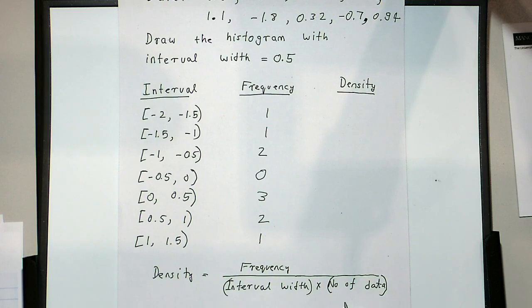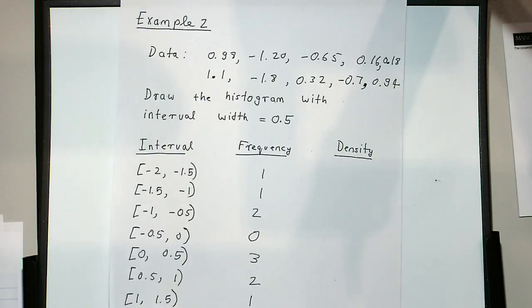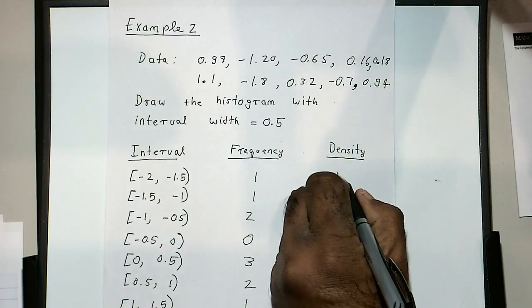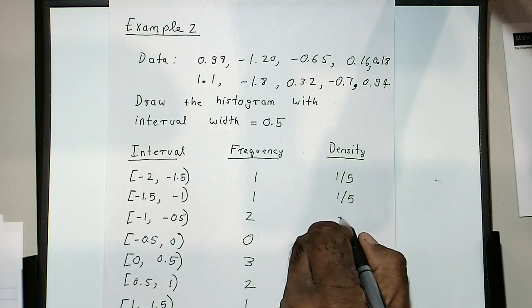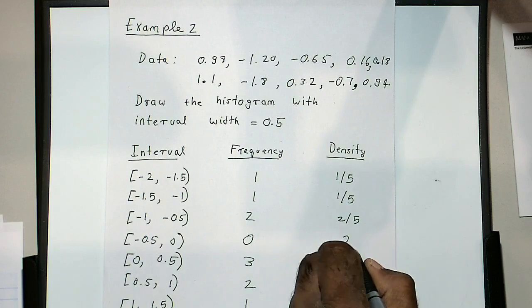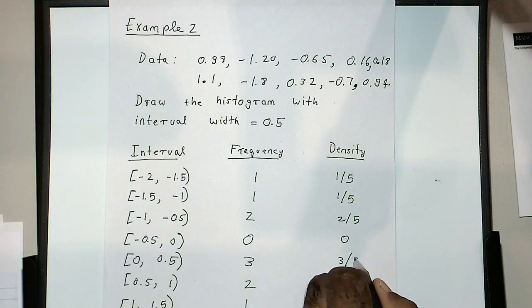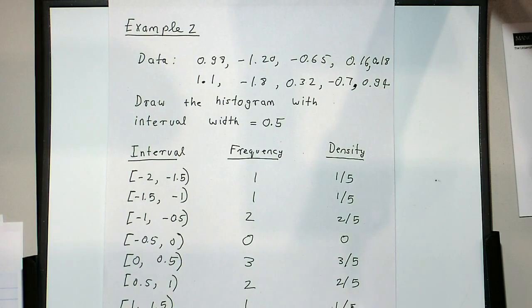The number of data in this example is 10, right? And the interval width is 0.5. So 0.5 times 10 is 5, okay? All right, so the density will be 1 divided by 5, 1 divided by 5, 2 divided by 5, 0, 3 divided by 5, 2 divided by 5, and 1 divided by 5.